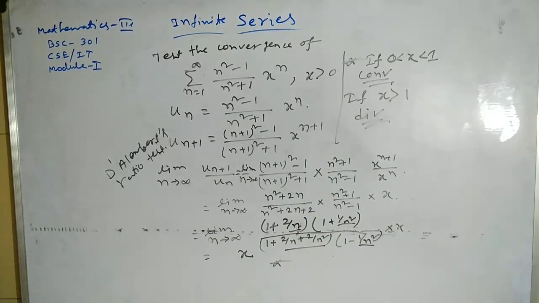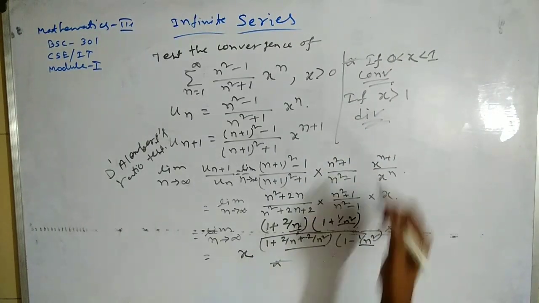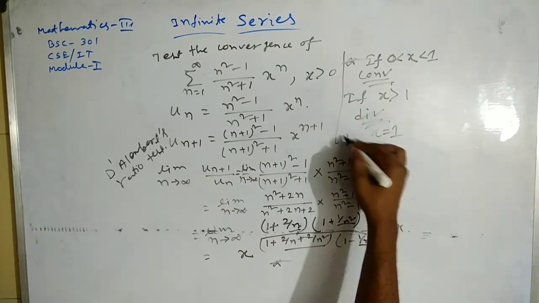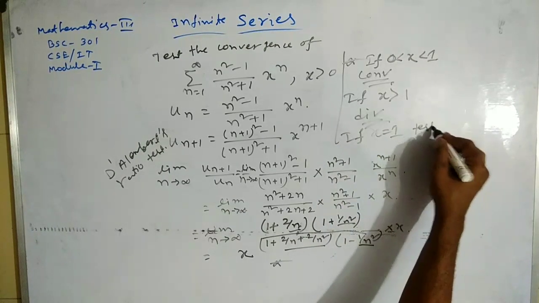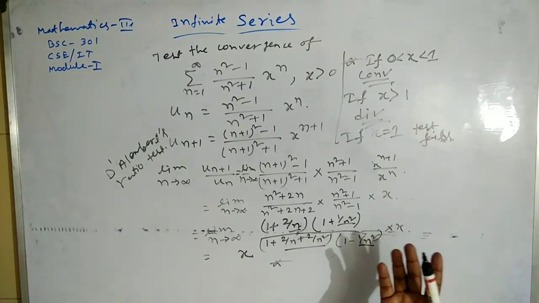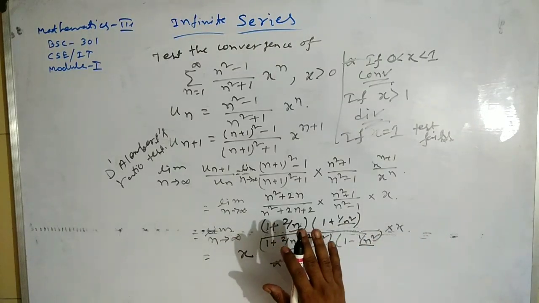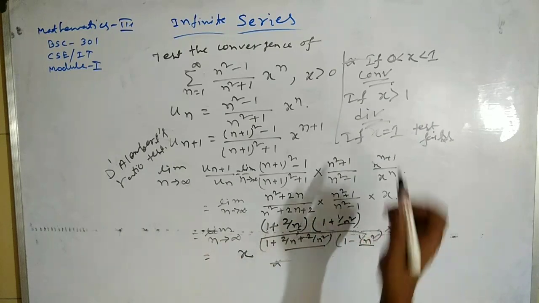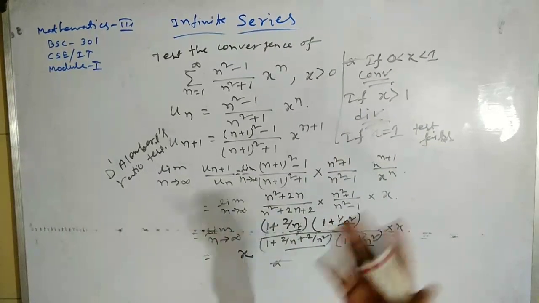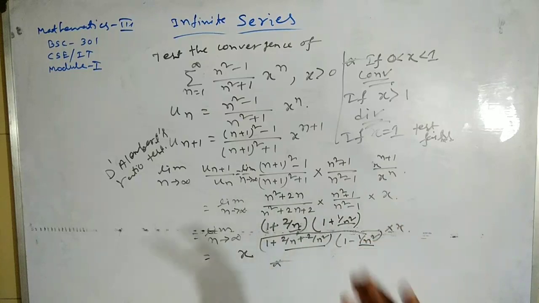But if x is equal to 1, what will happen, to see that we have to apply another test. So applying D'Alembert ratio test, we have concluded that if x lies between 0 and 1, the series is convergent, and if x is greater than 1, the series is divergent. Now we will see what happens if x is equal to 1, and for that we will apply Raabe's test.